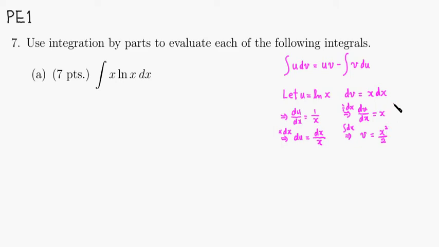In this case, we need u, and we need v, which is right here, and also du, which shows up right here. Let's use those to apply integration by parts.